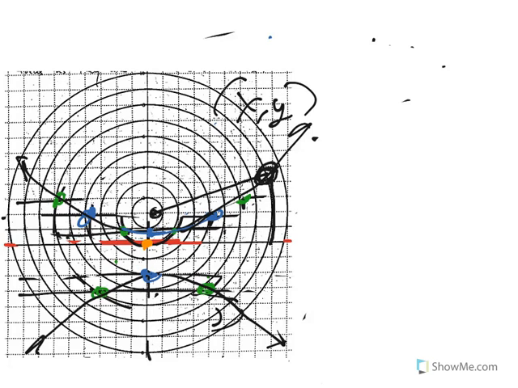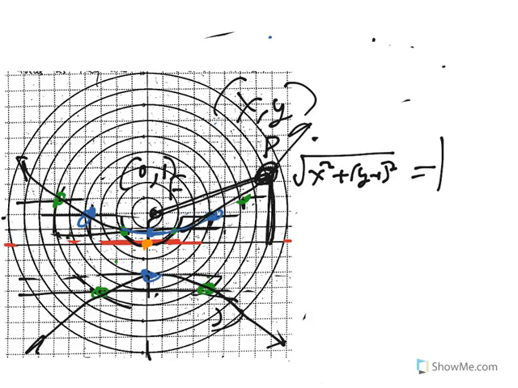So the distance to the focus, since this point here is 0, 1, and this point is xy, is the square root of x minus 0 squared plus y minus 1 squared. That's PF. It needs to equal 2 times this distance, which is 2 times, in this case, y plus 1. It's always y minus the y coordinate of where the line is. It's at -1, so it's that.